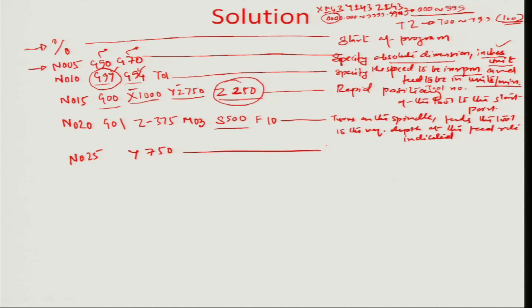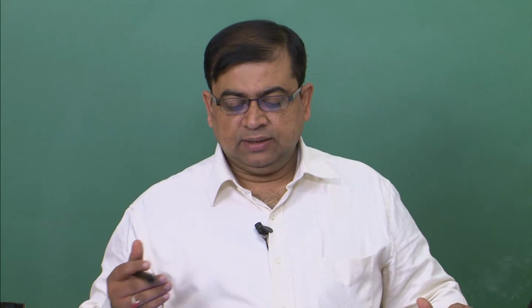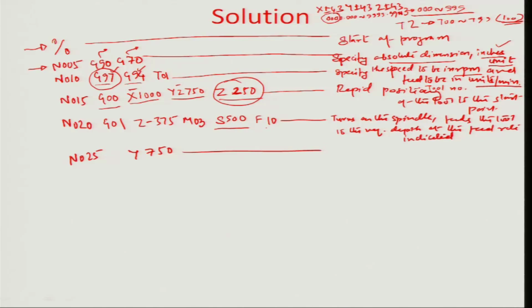So whatever the controller does in terms of motion between the point Y equal to 2750 and Y equal to 750, that motion is at the feed rate that has been specified, which is 10 inches per minute given earlier. So this is effectively cutting the vertical portion of the L slot.